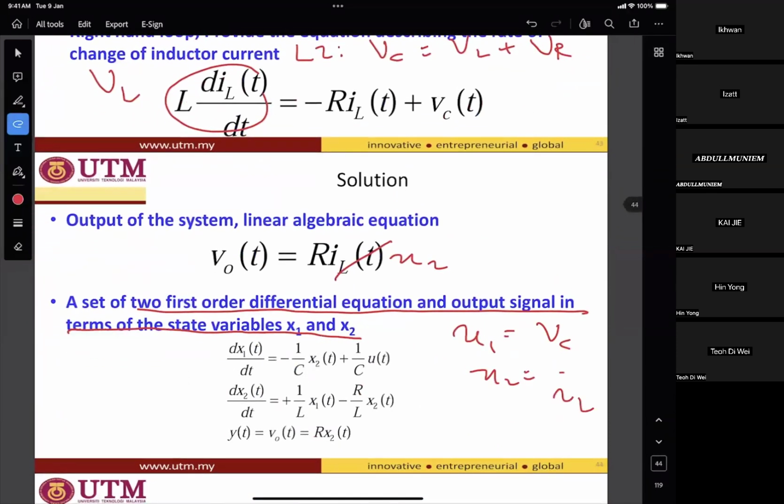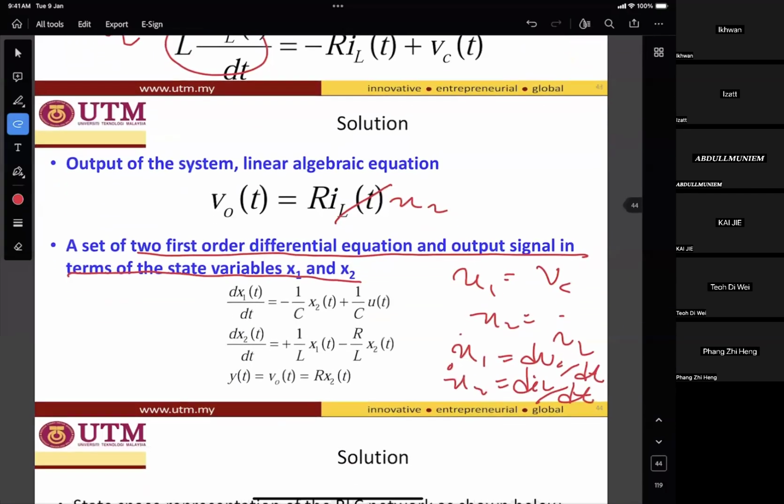And x1 dot, as Miss Chan said just now, and x2 dot is equal to dIL over dt. So we will get state equation number 1, state equation number 2, and the output equation. This is your x1 dot, this is your x2 dot.